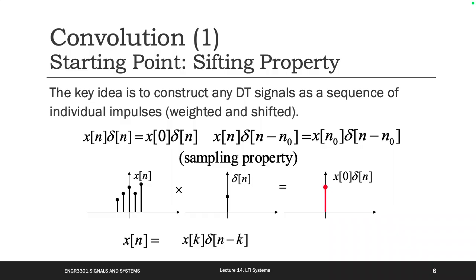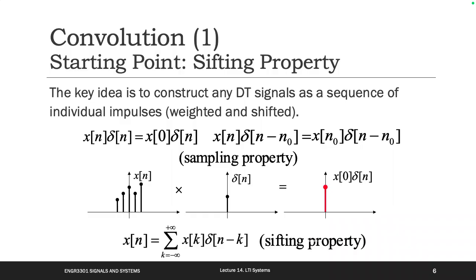That makes sense to you? Because you can see x[k] multiplied by delta[n minus k] only has a value when n equals k. Otherwise, it will be 0. So from negative infinity to positive infinity, x[n] should equal the sum. This is what we have already talked about. Any questions so far?